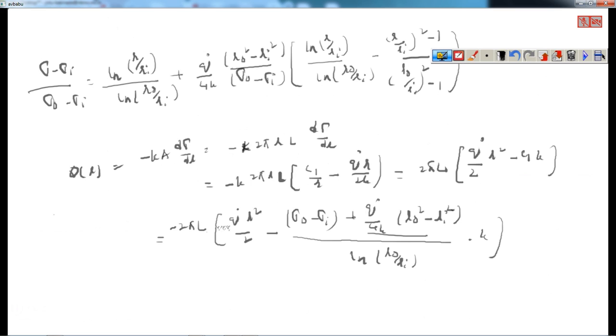Therefore, 2 pi K L T0 minus Ti divided by ln ro by ri, or otherwise I can say minus, 2 pi K L T0 minus Ti divided by ln ri by ro, right? So when there is no heat generation, it turns into the first case, heat transfer through a radial wall in one direction. This is the one-dimensional case. This equation turns out to be this, okay?